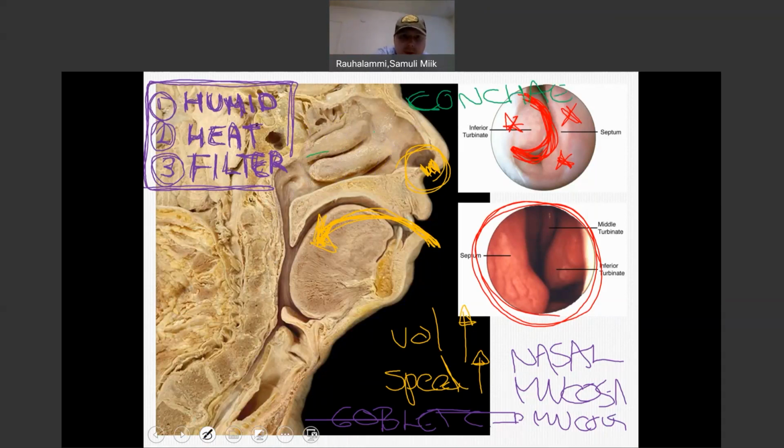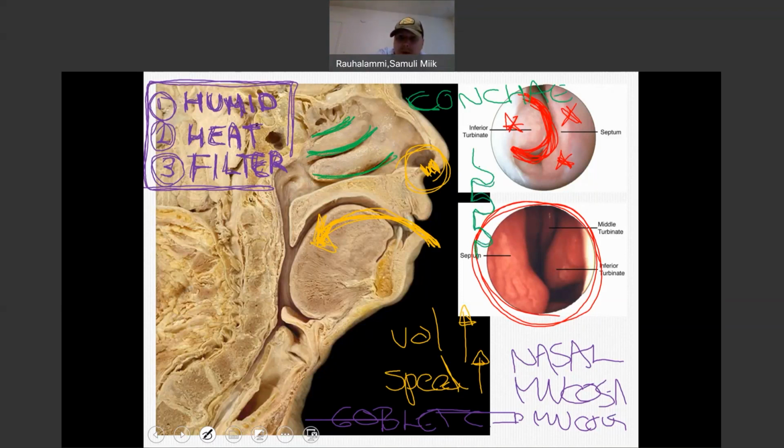So conchi are these protrusions from the wall of the nasal cavity, the lateral side of the nasal cavity. So really we saw these on these endoscopic images on a side view. They kind of come out of the wall as these little expansions.